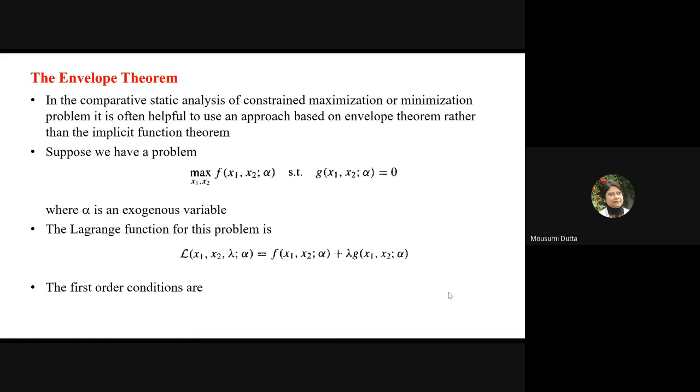In the case of the implicit function theorem, what we are doing is considering an objective function and a constraint, framing a Lagrangian expression, considering the set of first order conditions, solving them to derive the values of x1 star and x2 star in terms of the parameters of the model, and plugging these values into the original objective function to derive the optimum value, the maximum or the minimum.